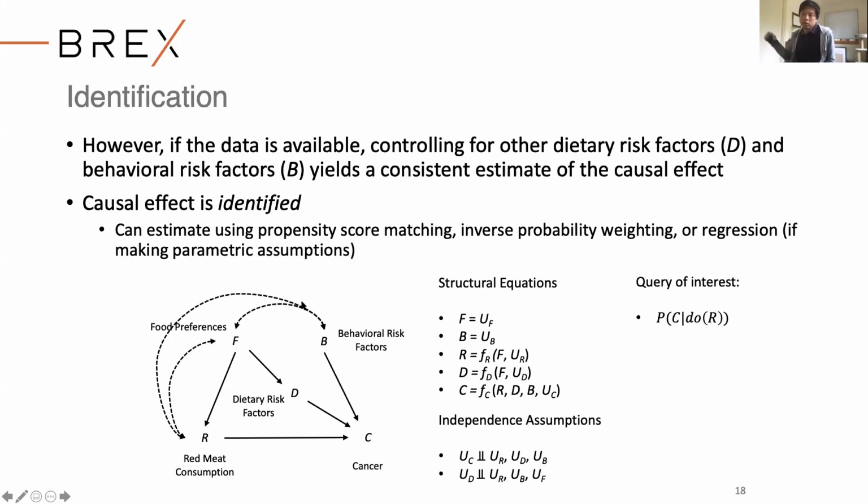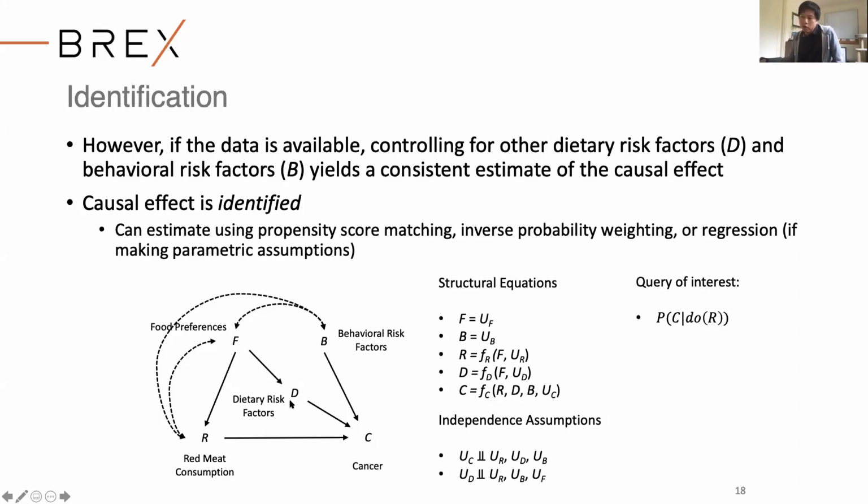The culture in which you grew up will affect your food preferences. It also affects your behavior. So I model that using these bidirected edges, signifying that there may be some kind of latent common cause that I'm not accounting for. And in this case, I can actually estimate the effect of red meat on cancer.